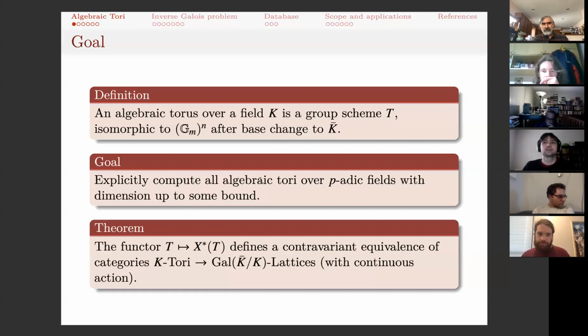But this theorem is true in characteristic p as well. Okay, so that's the general sketch. We're looking for these tori. We're going to think about them in terms of representations of the absolute Galois group on Z^n. And the dimension of that lattice is going to be the same as the dimension of the torus that we get.